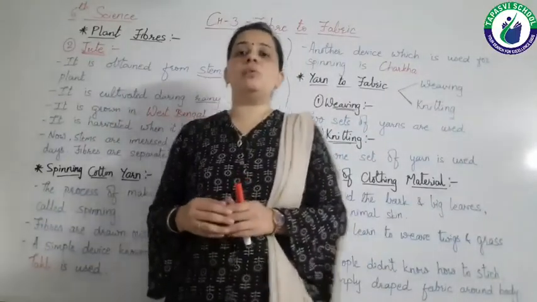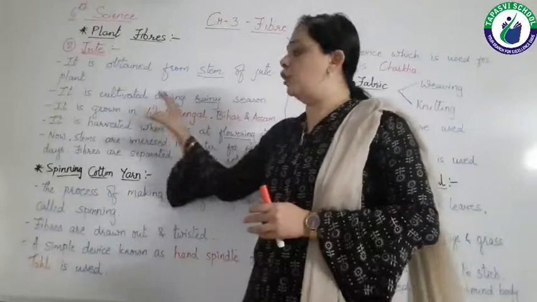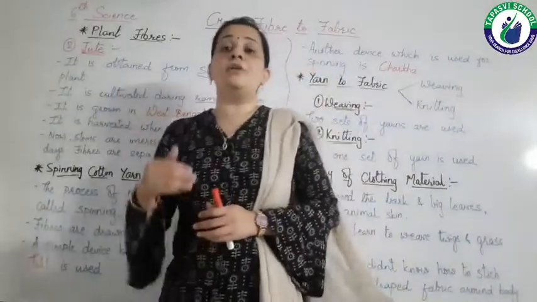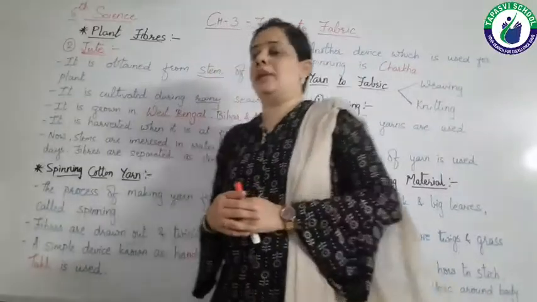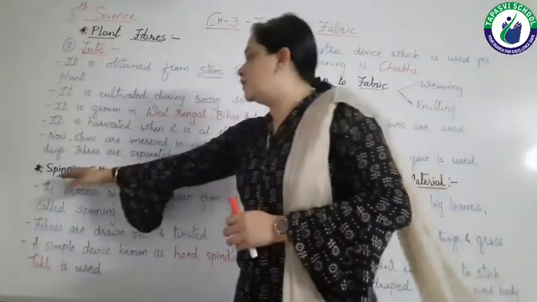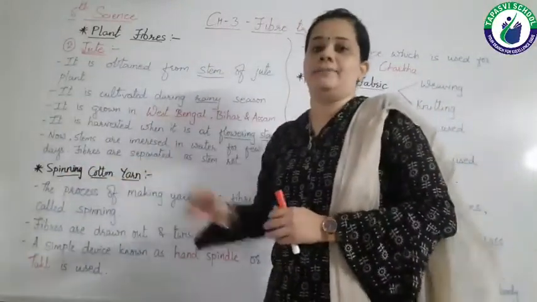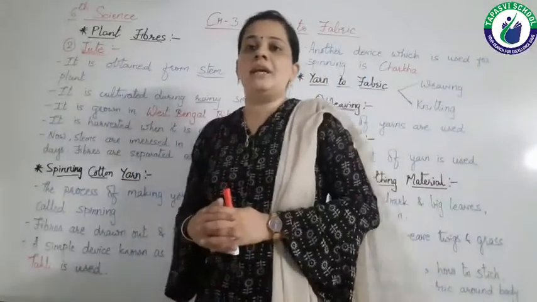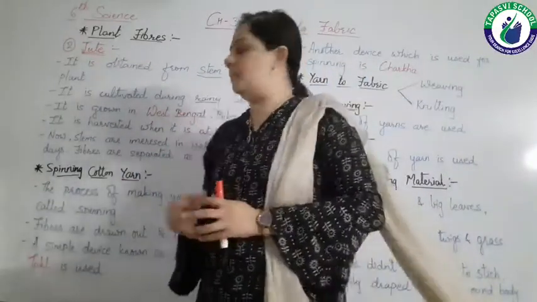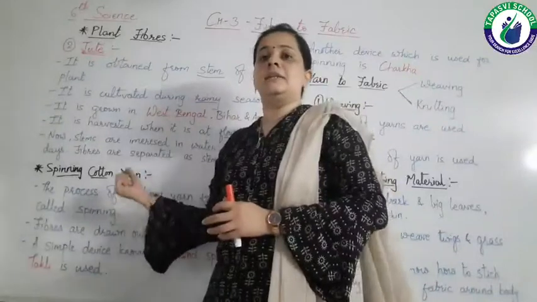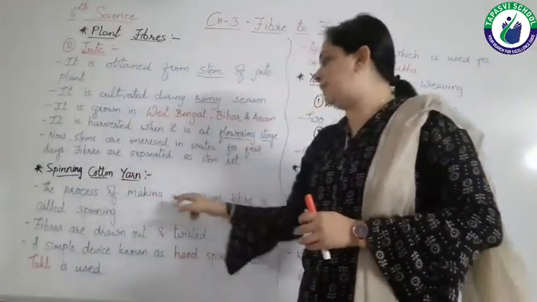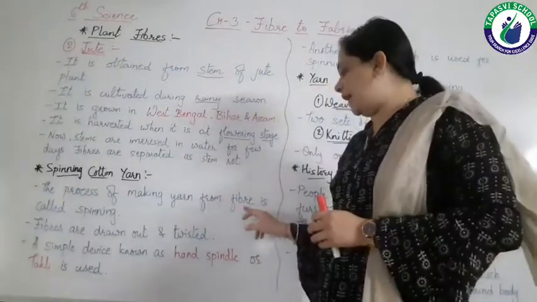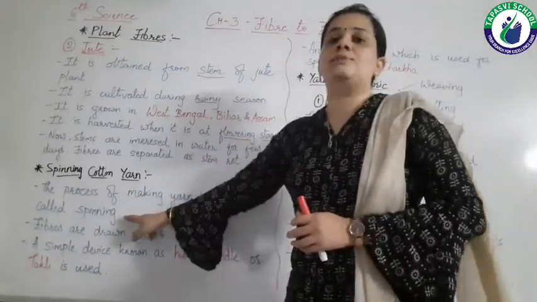Now the main question is, from this jute and cotton, how fibers are made or how yarn is made. So let's see, that is spinning cotton yarn. How yarn is made, that we are going to study in this topic. Right? So the process of making yarn from fiber is called spinning.